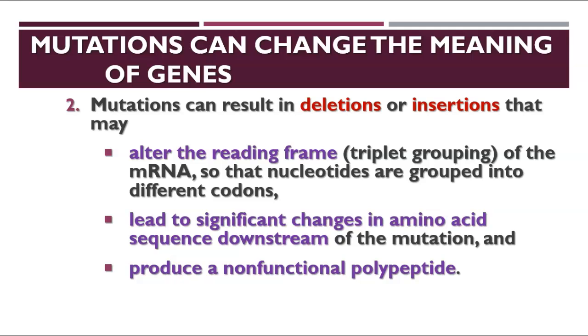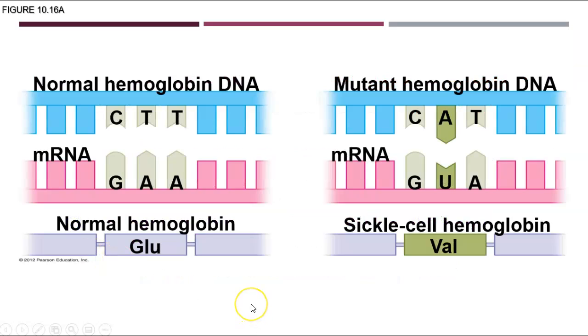That can lead to big changes because basically everything from that point forward, or downstream, is going to be changed or may be changed, and that's probably going to produce a non-functional polypeptide. That's not a good thing, because you needed that protein to do some specific job, and if it can't do it, then that's going to lead to problems in the organism.